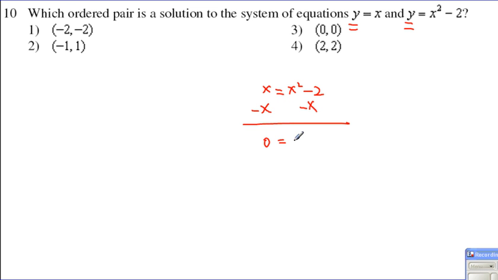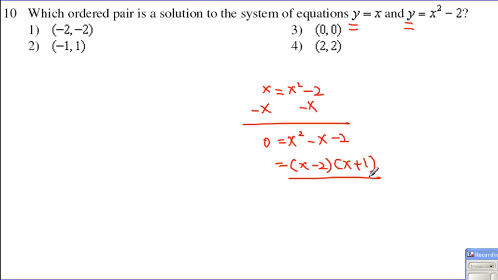We'll end up getting 0 equals x squared minus x minus 2. Now you can factor this one quite easily by 2 numbers multiplied to negative 2 but add up to negative 1. That must be x minus 2 and x plus 1. See, these 2 numbers multiply to negative 2 but add up to negative 1.